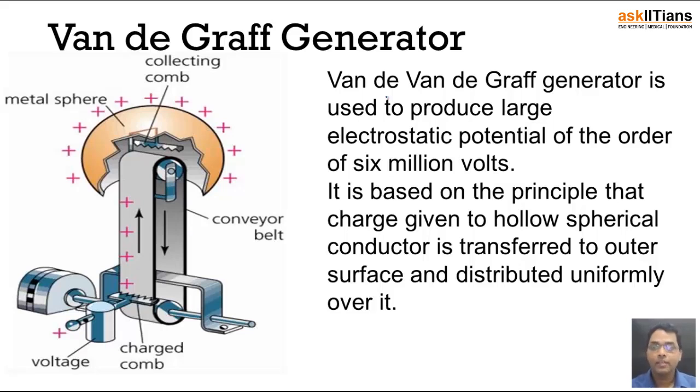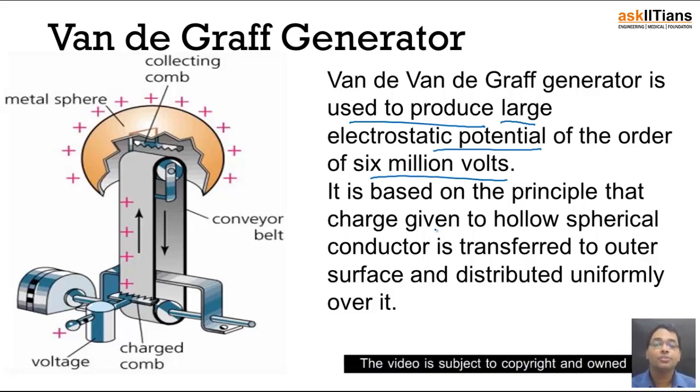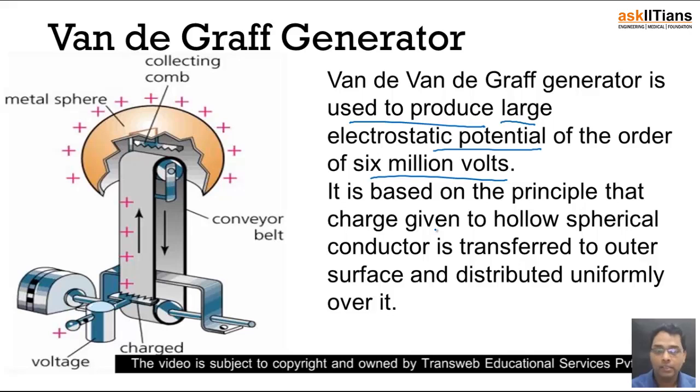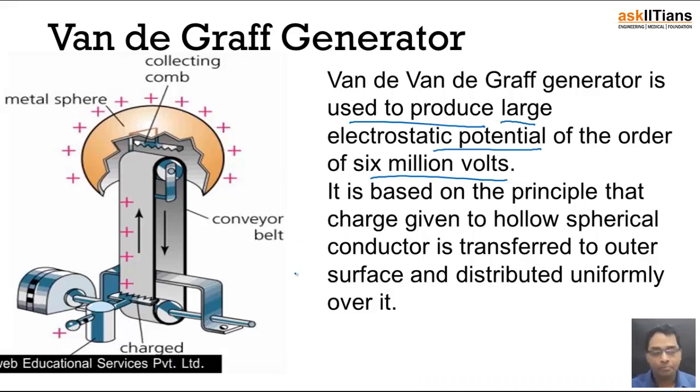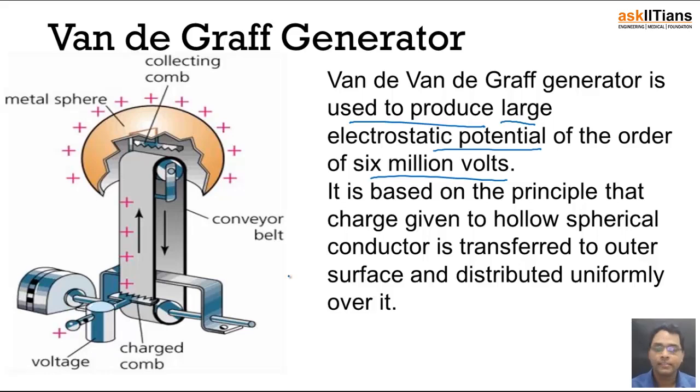This produces a large electrostatic potential of the order of 6 million volts, which is utilized to produce significant amounts of charge. This is just information for you, and it's not going to be very important. Obviously the construction is important, but we will not be getting many questions based on this.